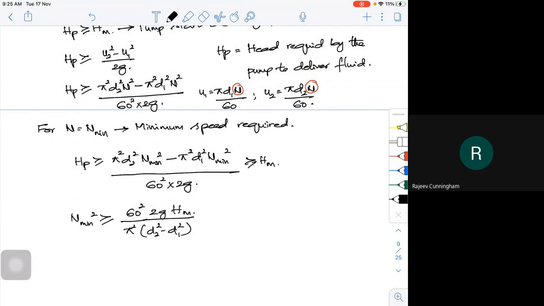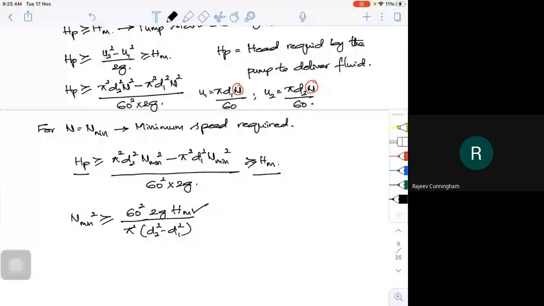Okay. So now, this should be greater than or equal to your pump speed. That's why I'm trying to consider this HM here. This side I can put HM.